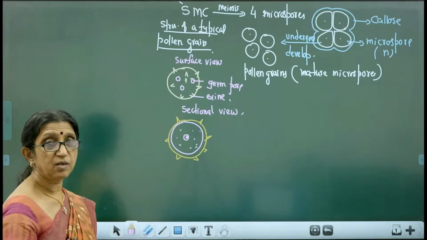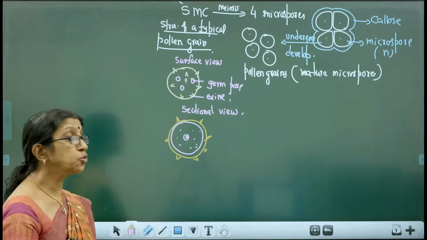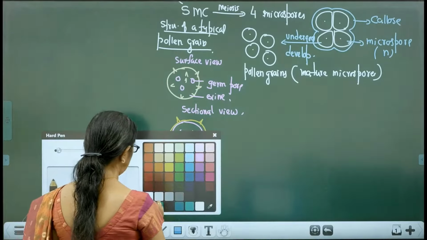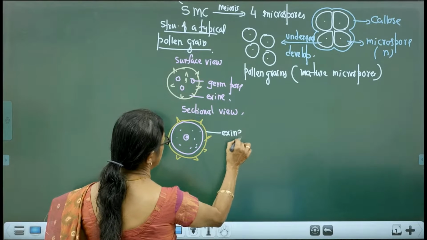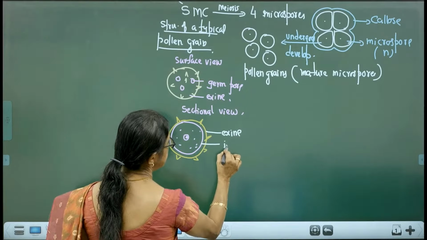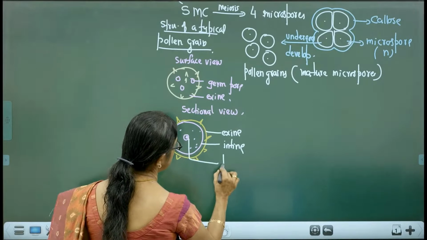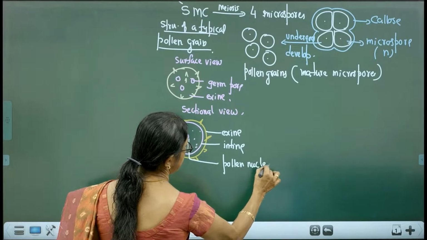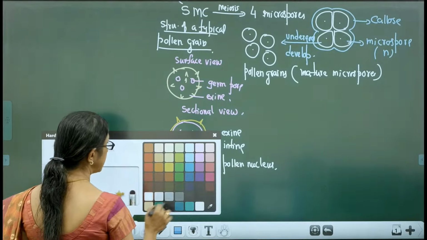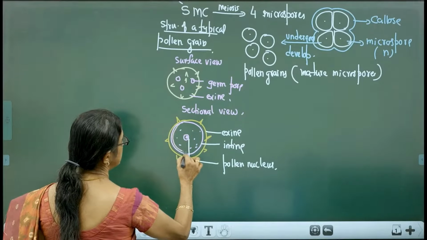So the typical pollen grain has two layers: this is the exine, and the inner one is called intine. And this is the pollen nucleus, having its plasma membrane.